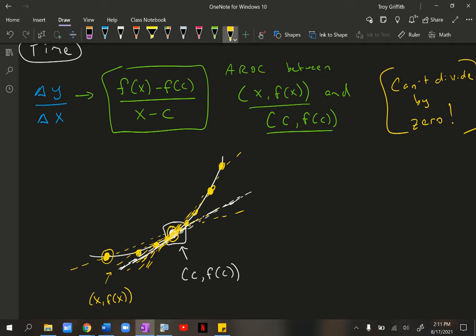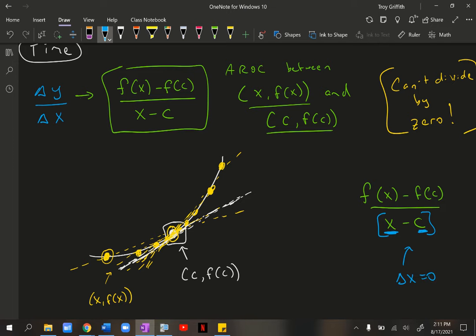But we can't actually make those two points in the exact same spot, because think about this formula: f of x minus f of c divided by x minus c. If I made the point at x and the point at c in the exact same spot, the change in x would be 0, and I can't divide by 0.